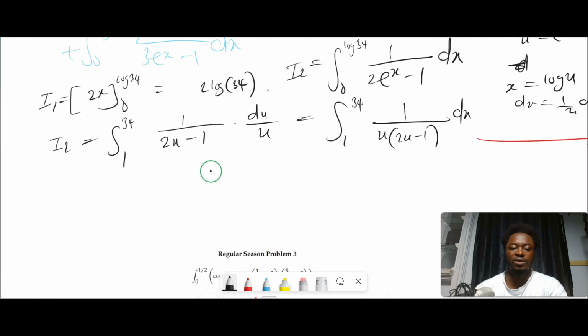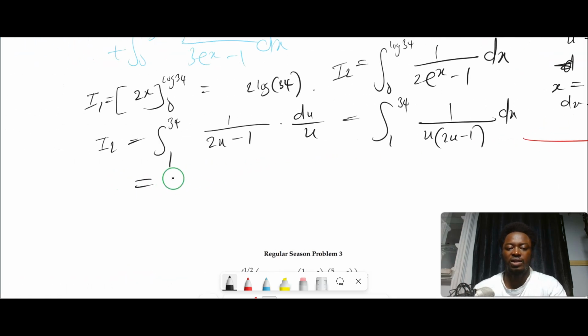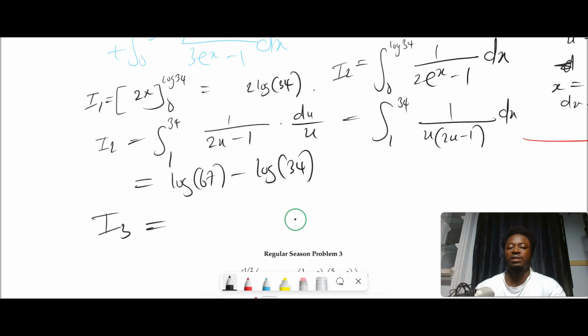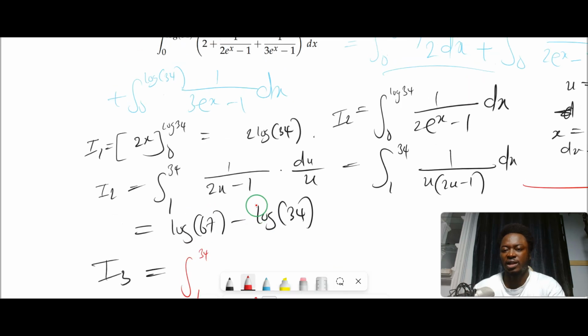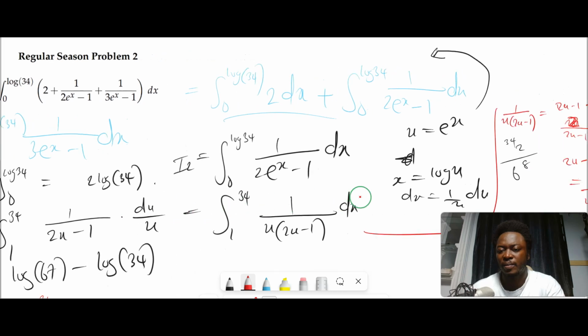So I2 is logarithm of 67 minus logarithm of 34. What about I3? I3 is literally the same thing. This is the integral from 1 to 34, but this one has 3u minus 1.